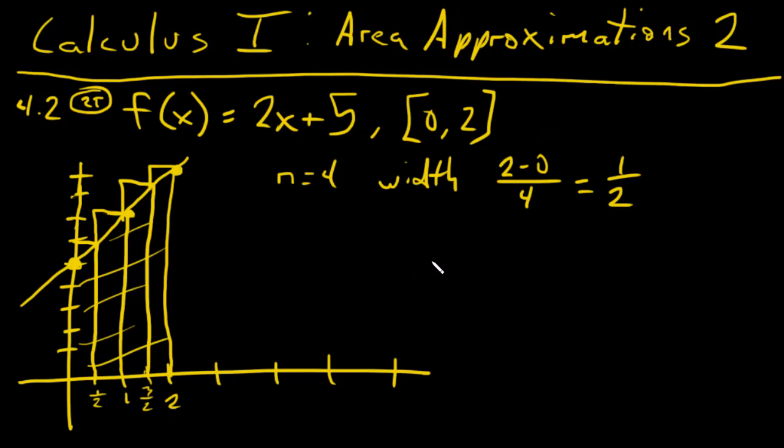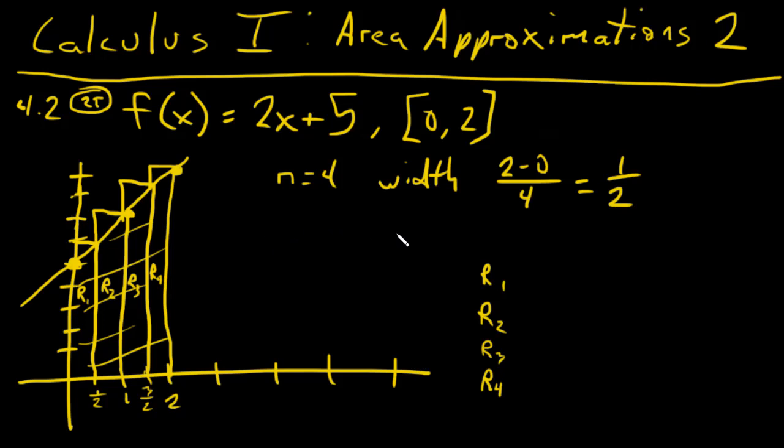So now that we have this, we can think about R1, R2, R3, and R4. So let's go ahead and write that down. I think I can fit it in right here. Let's do the rectangles first. So this one is R1, R2, R3, and R4.